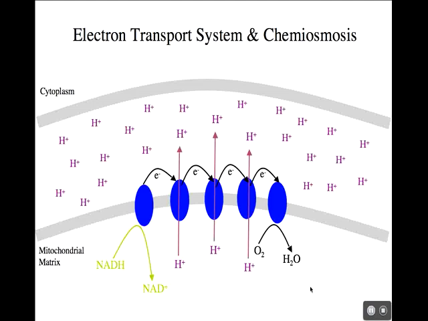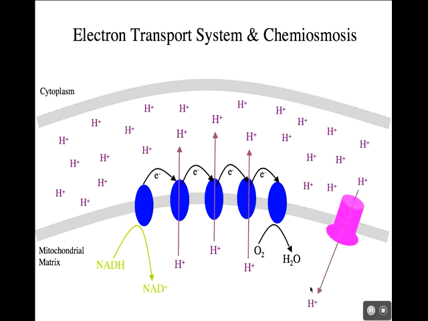Well, there is one way in, and only one way. There is a tunnel through the inner membrane of the mitochondria. This tunnel is an enzyme called ATP synthase. And ATP synthase is the one and only way for protons to get back to the other side, back to the inside of the mitochondria.